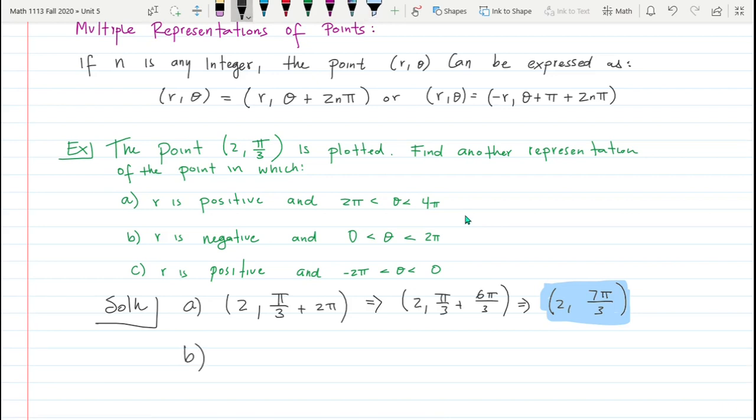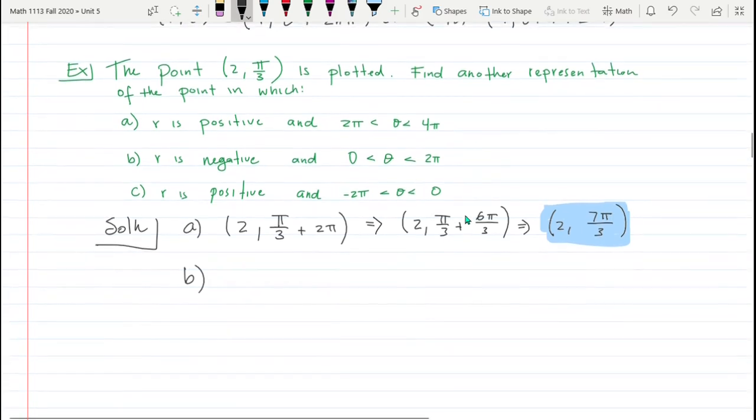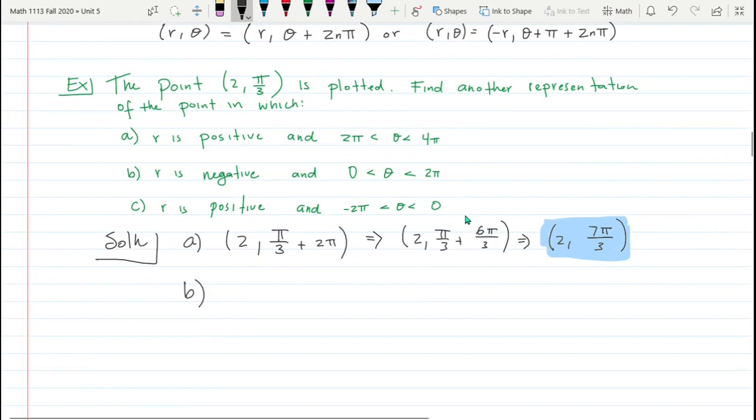Then point B, or question B, we want to rewrite this such that the radius is negative, meaning we're going to have negative 2, but angle theta has to be between 0 and 2 pi.